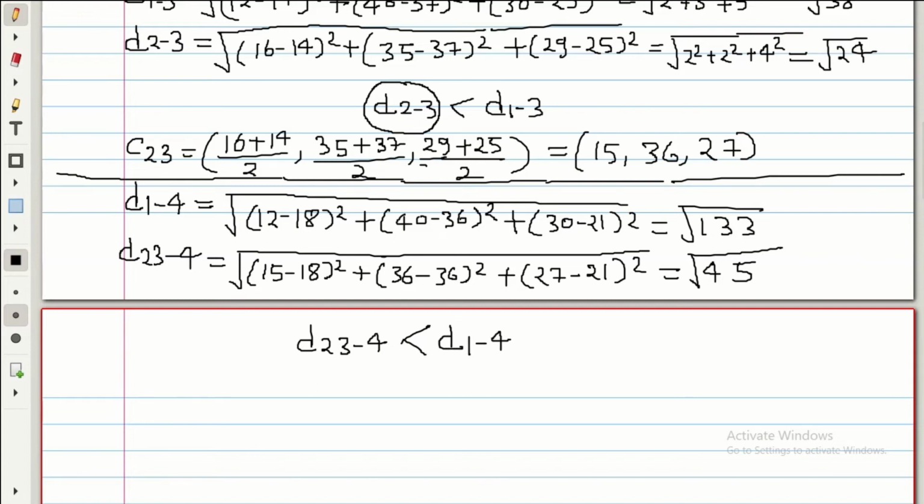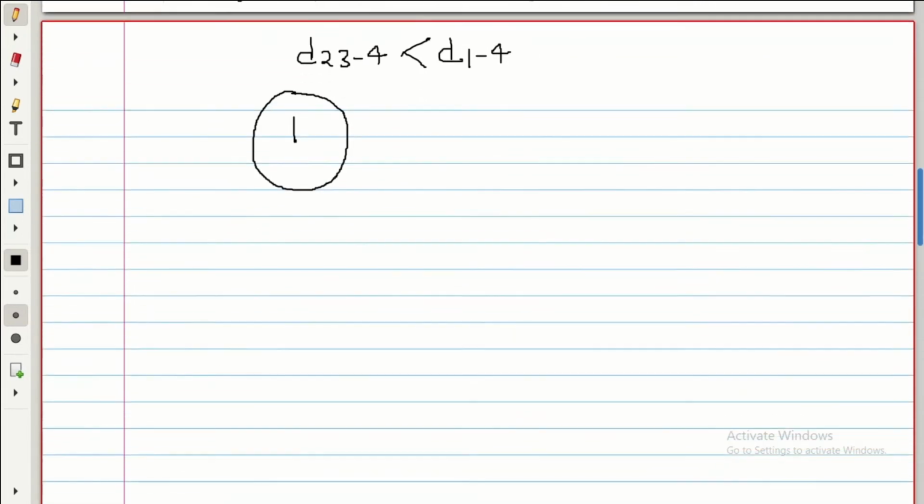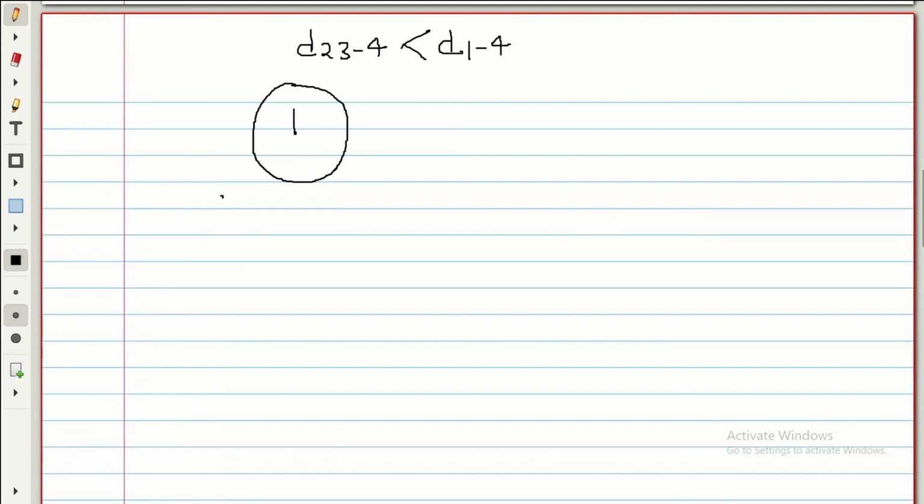That means that instance number 4 will belong to cluster number 1. I am again writing here. This is cluster number 1, and this is cluster number 0.